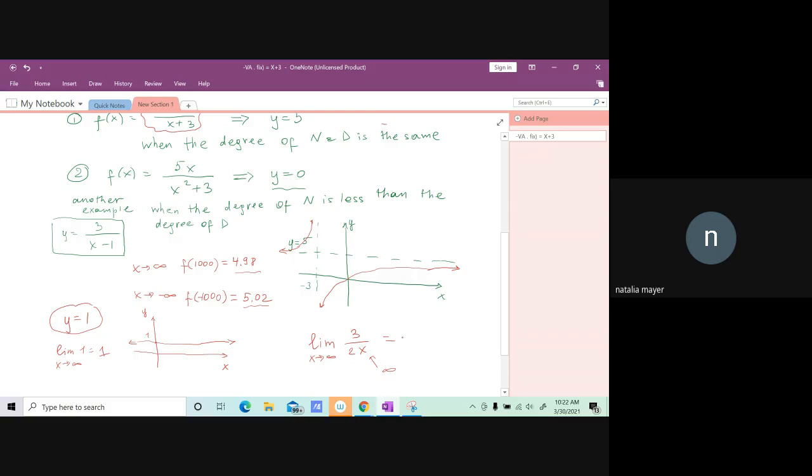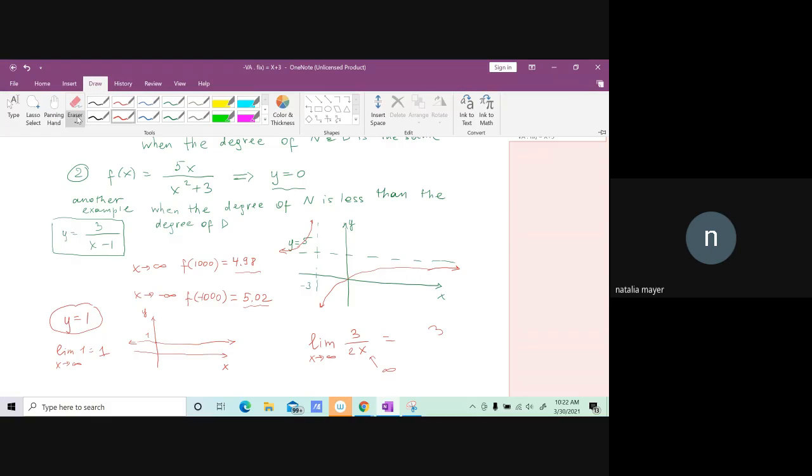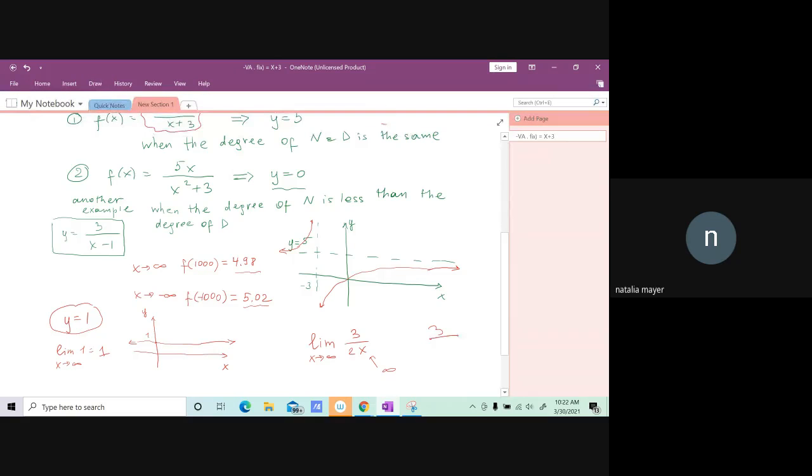So basically what I have, a constant over, I don't want to write the equal sign here because it's not precise. I just want to take it separately and talk about it, think about it. So think about the fraction 3 over infinity, which means 3 over a million, 3 over 10 millions.